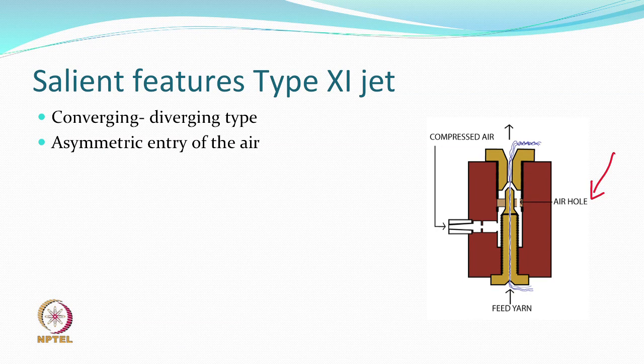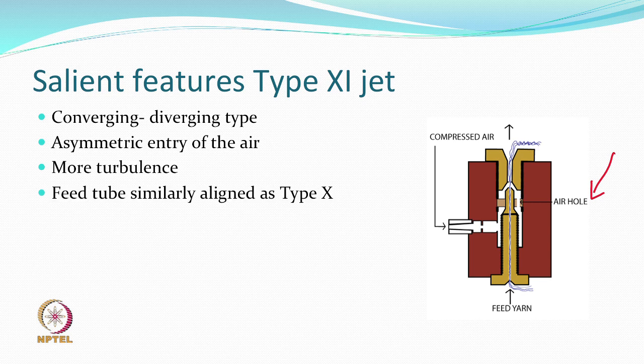Asymmetric entry of the air around the feed tube to create more turbulence. The feed tube is similarly aligned as in type 10, all right. So, the difference is only the asymmetric entry and, of course, the converging-diverging type of jet.